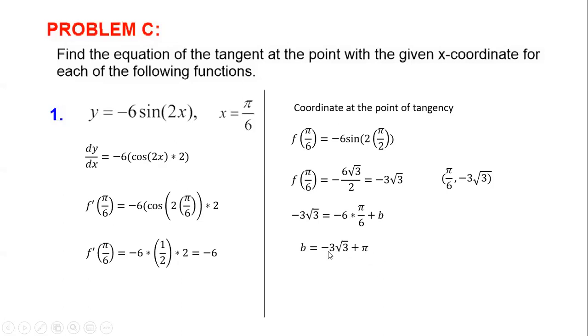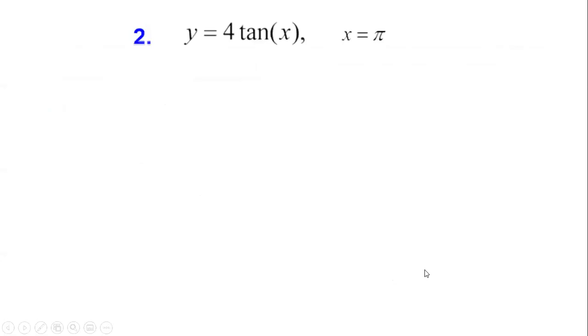Okay, so if that's my b, here's my equation. So minus 6x, because that's my slope. And here's my b, minus 3 root 3 plus pi. Done. Last one. This is the last question.